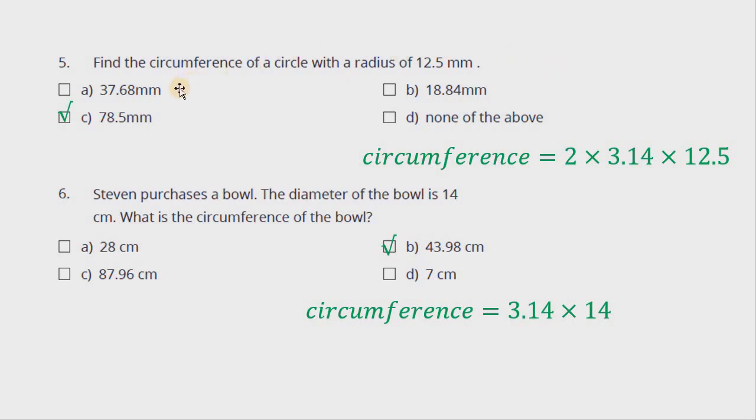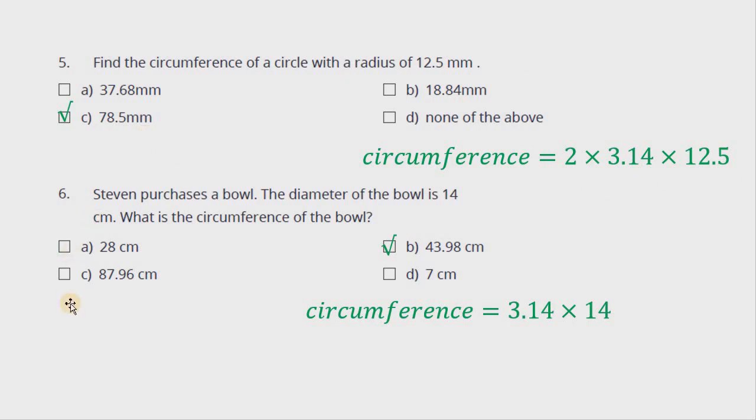When I check the options, I find all the options are decimals with fewer than 2 decimal places, so I think 3.14 is suitable. You can choose any value of pi, because the question does not mention which value to use. Using a calculator, I get the circumference C as 78.5.